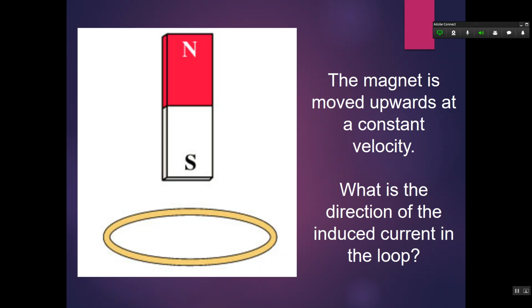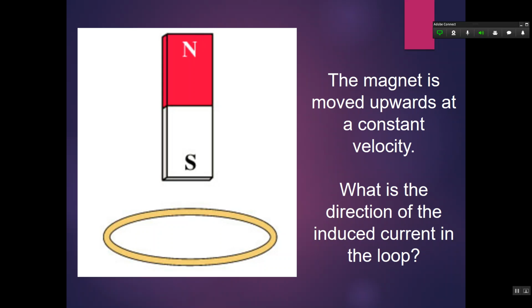Because there was, now there is, so nature. Okay, so there's going to be an induced magnetic field in the upward direction, and we're going to call this B induced. And B induced is going to be caused by a current.